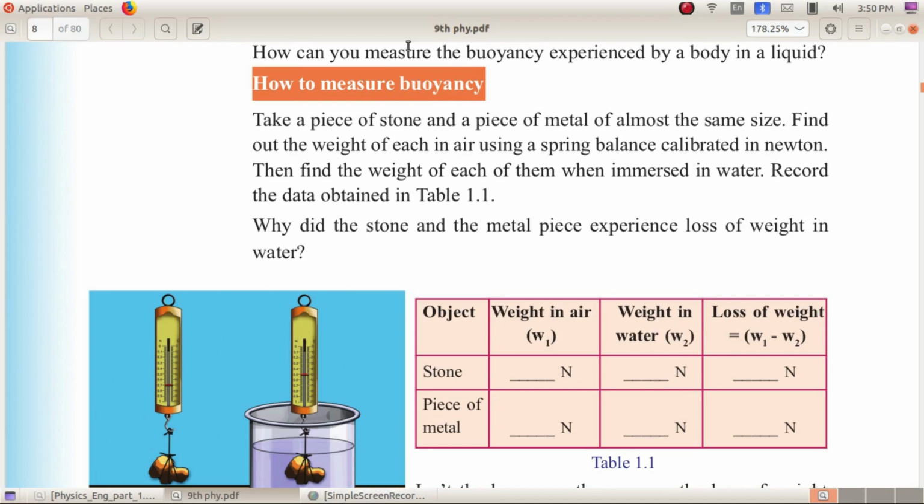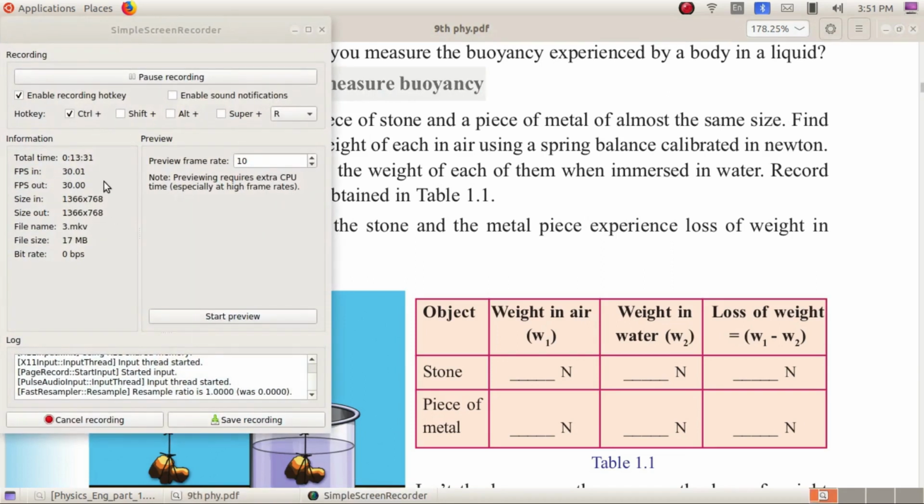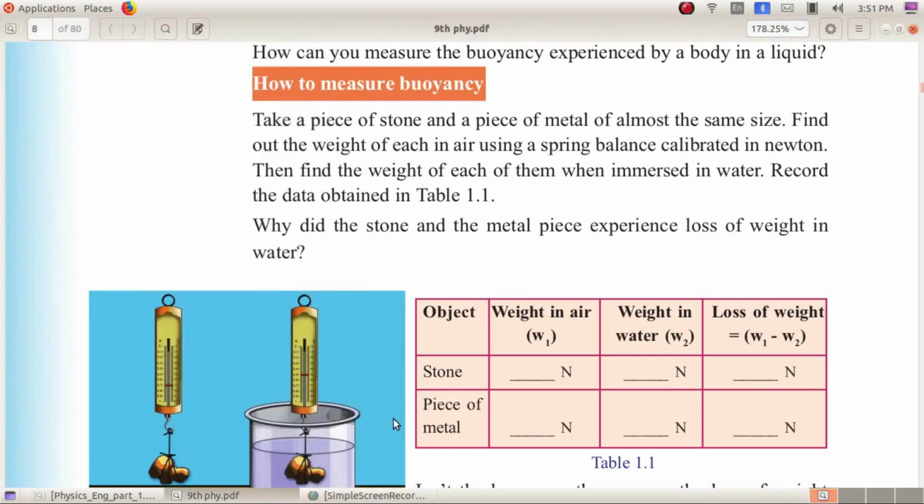Now what happens to the weight when it is dipped in liquid or water? Inside water, its weight will be decreased or it will feel a weightlessness. Therefore, here the value will be somewhat less. If it is 8 Newton, then what is its loss of weight?